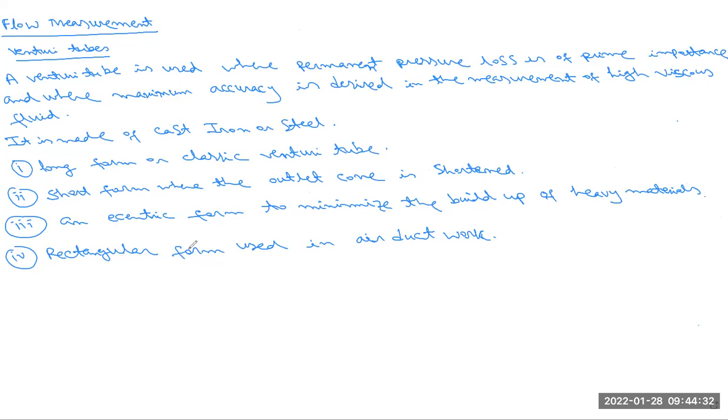And number four, sometimes it is used in the rectangular form, also used in air duct works. So these are the different types of venturi tubes we use in process control. Okay, is it okay? Yes.